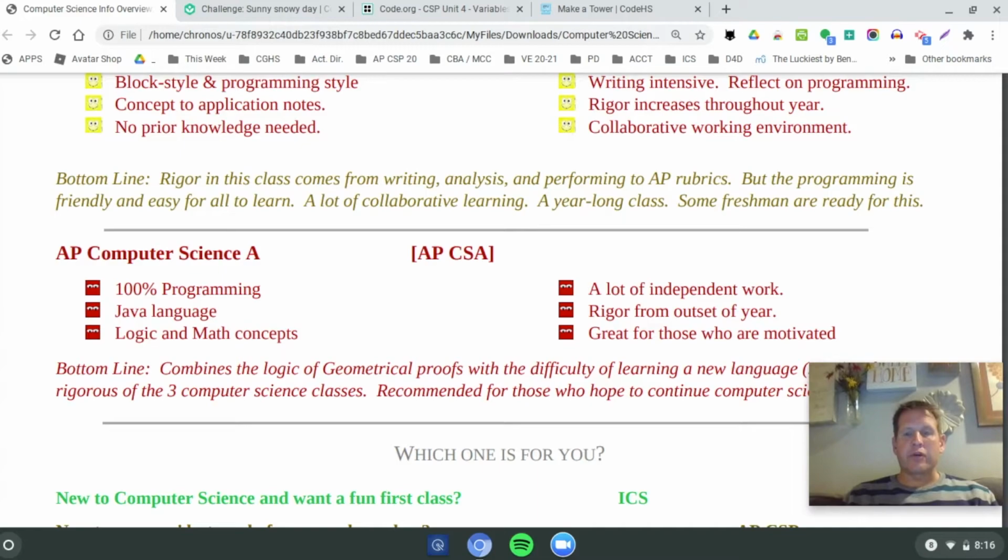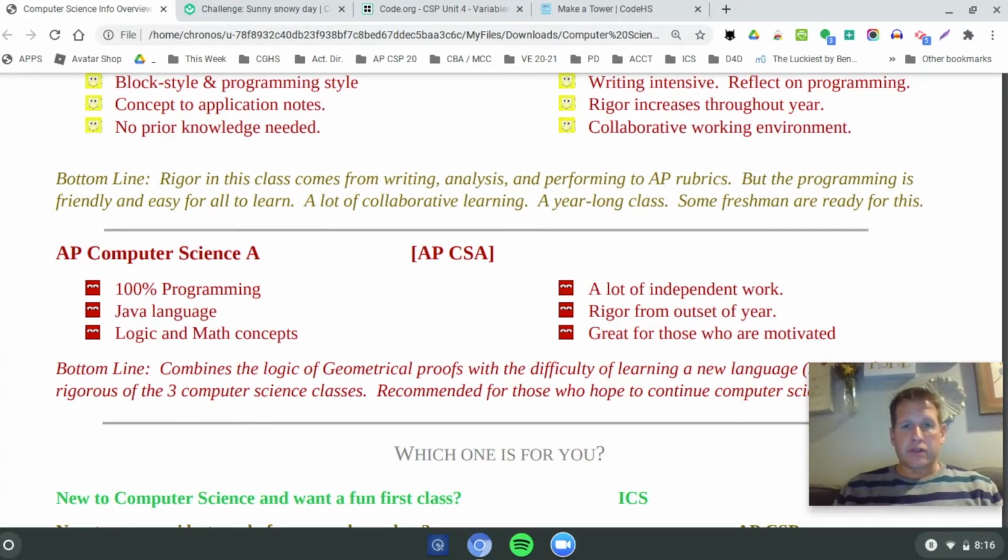This is the class I would recommend for students who are confident that they have an interest in computer science, students who are willing to be pushed, students who have a great math background, students who are good at working independently, asking for questions, students who know that they'll use this to help them get started in college on a computer science degree.